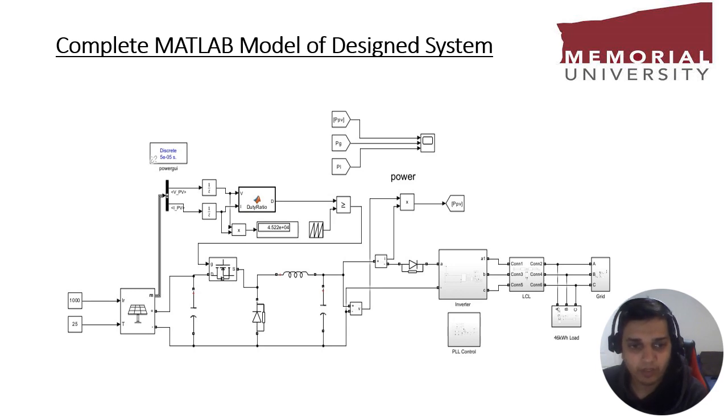With the solar panel block, on the right upper side, we have the MPPT installed. The MPPT signal takes the voltage and current, and calculates the maximum power point tracking for the solar current which is produced. For the MPPT we are using the incremental conductance. In the next slide I will explain that in a bit more detail.